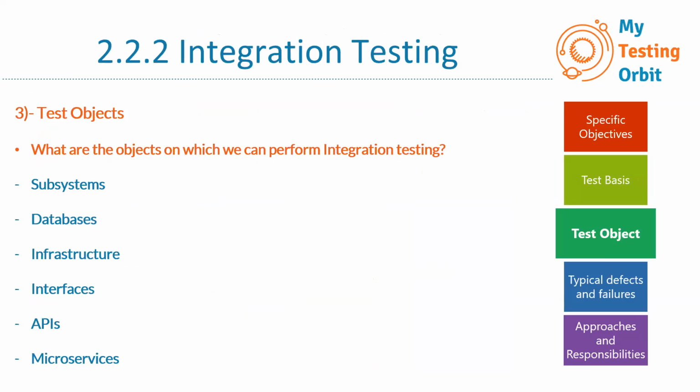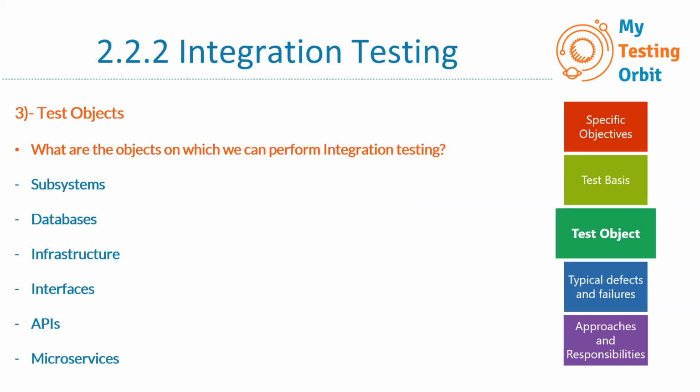Coming back to test objects, the next one is APIs. APIs are application programming interfaces. An API is an interface to a component or a system that defines how other components or systems can use it. It defines what kinds of requests can be made.